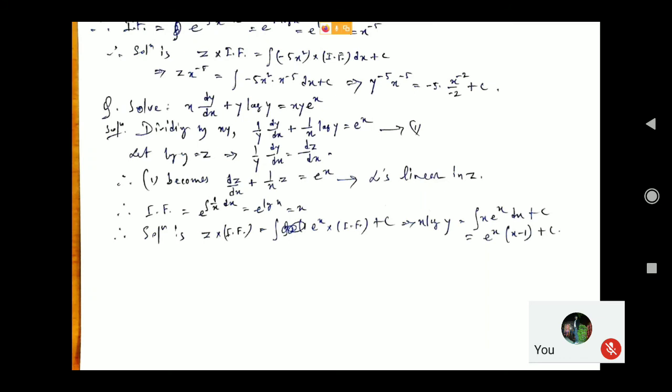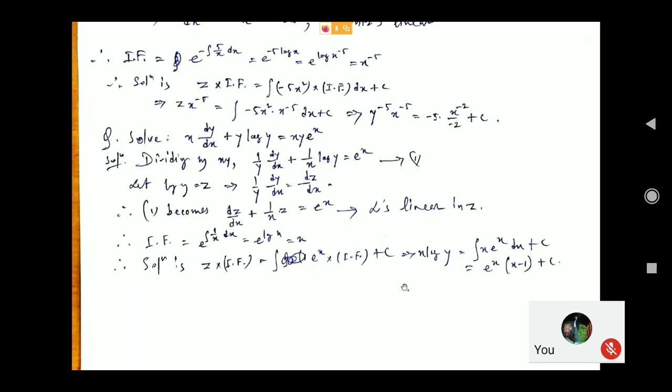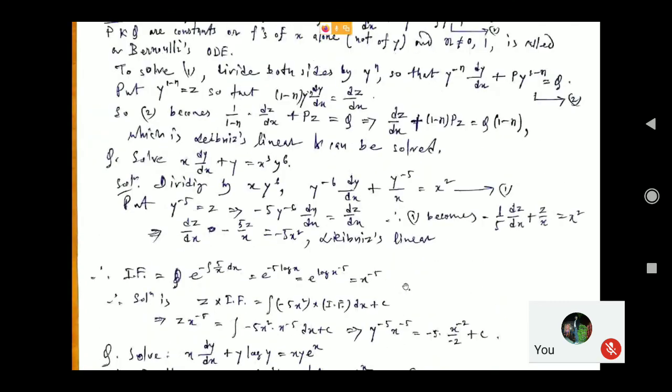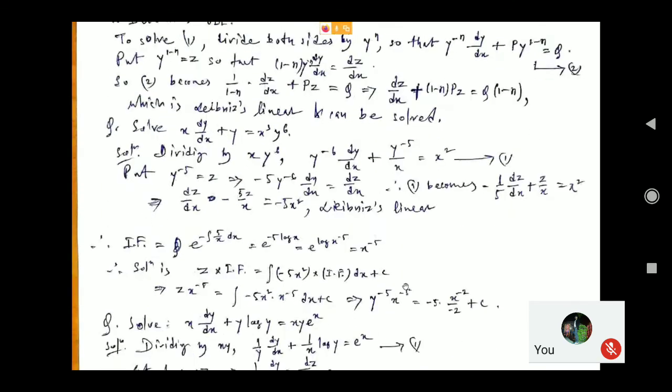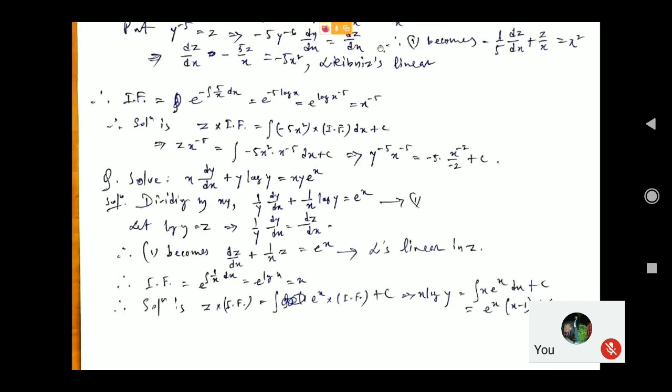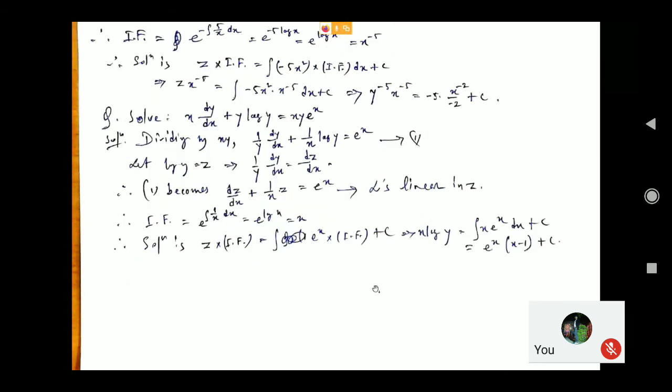Once you solve a couple more problems, you will be able to see which technique is applicable and what should be your first step in case it is Leibniz's linear equation or Bernoulli's equation, and then how to convert from Bernoulli to Leibniz. So there is no fixed rule by which variable you should multiply or divide in the first step. The next steps are similar.